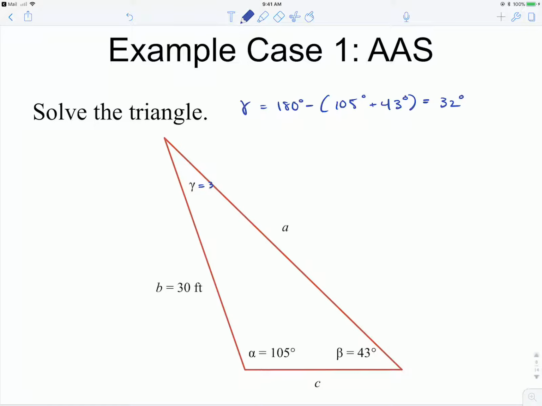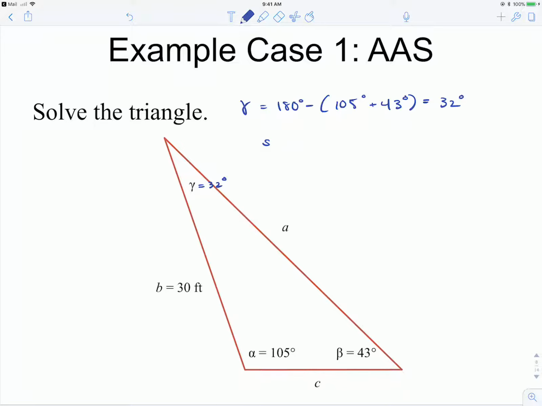Okay, so now we have all three angles, and we can solve for the missing sides, side a and side c. We want to use the given information as much as possible when doing those calculations, but in this case, it doesn't really matter. We have the exact angles. So why don't we just go in alphabetical order?